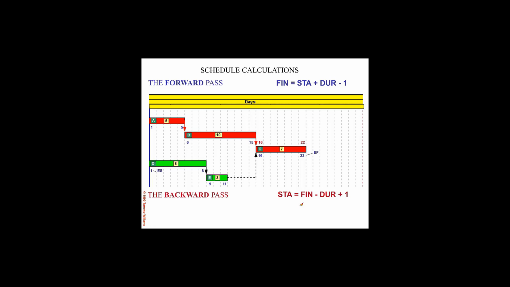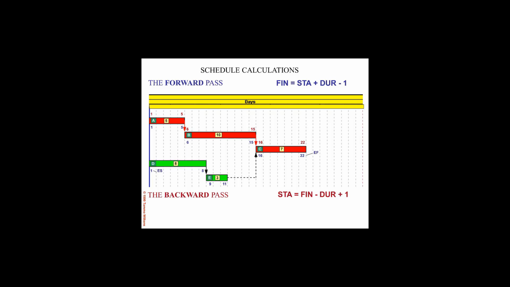Activity B slides all the way to the right until it bumps into its successor, and again with the AM/PM convention, if activity C is going to start on day 16, activity B better finish on day 15. Per the formula, 15 minus 10 plus 1, and we come up with 6, and therefore A needs to start on the day before that, which is day 5. 5 minus 5 plus 1 gives us day 1.